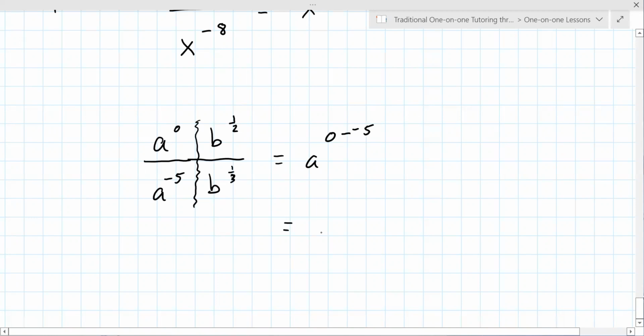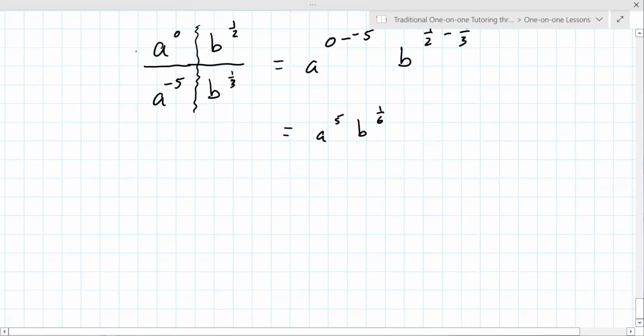And if you do that, I think it's less awkward. You're unlikely to forget. For b, it's 1/2 minus 1/3. Here you have to find a common denominator, so it's 6. You multiply the 1/2 top and bottom by 3, which gives you 3 over 6, and the 1/3 top and bottom by 2. That becomes 1/6. So this is b to the 1/6 power.